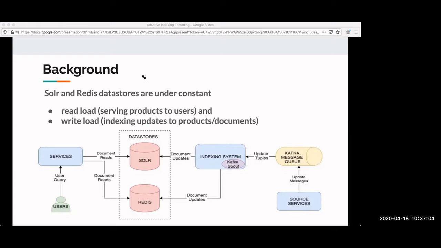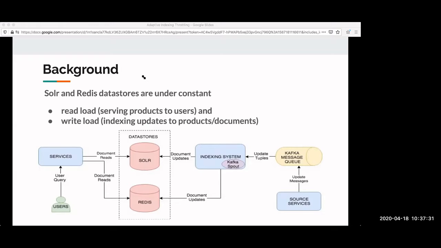Like you can say men Nike shoes, and documents which have men Nike shoes, or men Nike, or Nike shoes will come at the top, and it will rank them and get those relevant documents. That searching is handled by Solr. Solr is just an implementation or wrapper for a search engine developed over Lucene, just like Elasticsearch is another search engine developed over Lucene.